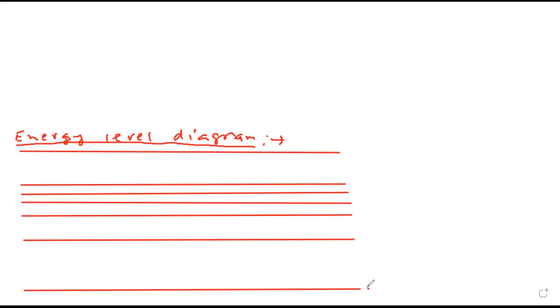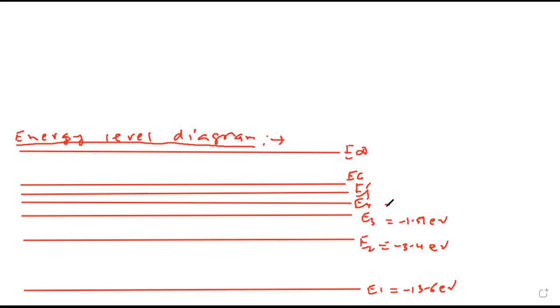So here this is E1, E2, E3, E4, E5, E6, and last is E infinite orbit. Here energy is minus 13.6 electron volt, minus 3.4 electron volt, minus 1.51 electron volt, minus 0.85 electron volt, and the fifth one is minus 0.544 electron volt.